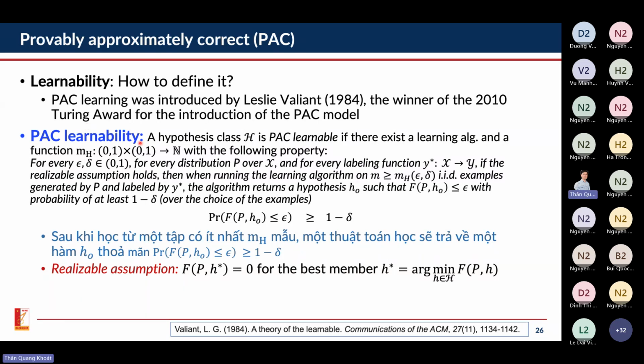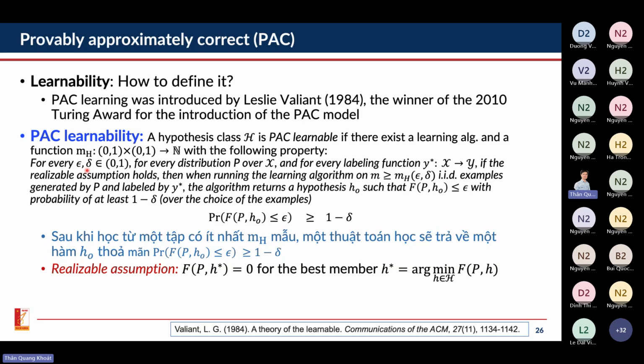Let's consider a hypothesis class H. We say that H is PAC learnable if there exists a learning algorithm and a function we denote by m_H, mapping from (0,1)^2 to N, with the following property.